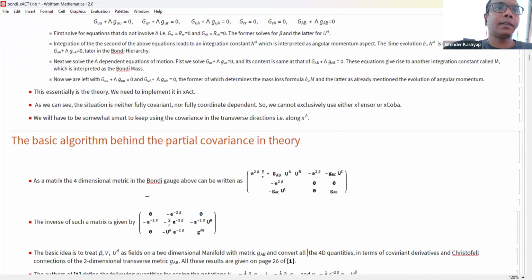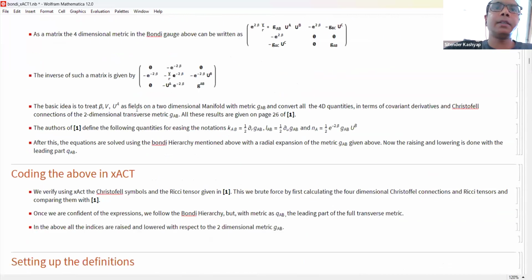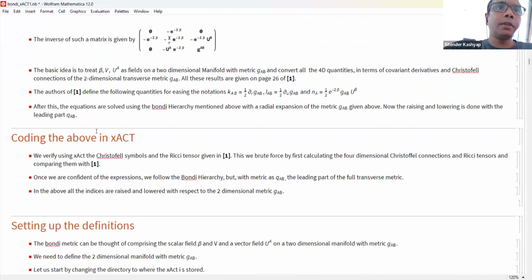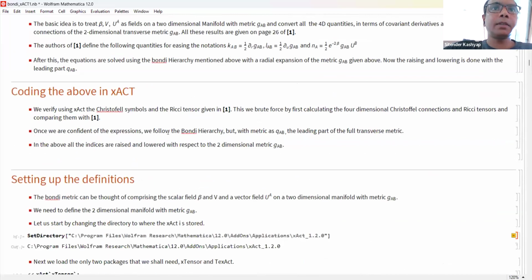So coding in xAct. First we shall verify the results of the paper. And once we are confident of the expressions, we follow the Bondi hierarchy, but with the metric QAB, the leading part of the full transverse metric. In the above, all indices are raised and lowered with respect to this. So there will be two Mathematica notebooks.